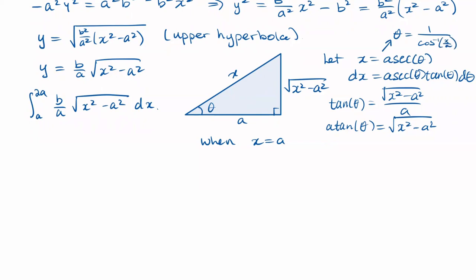So when x is equal to a, theta is equal to 1 divided by cos inverse of a divided by a, which is 1 divided by cos inverse of 1, which is just going to be 0.